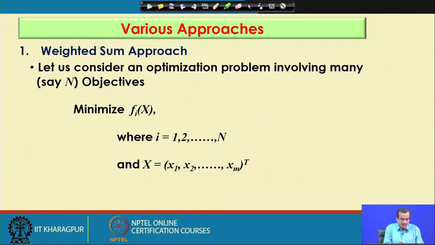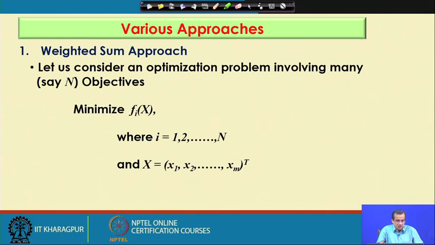So, I can formulate like this: minimize f_i(X), here i varies from 1 up to N. There are capital N number of objectives, and this capital X is nothing but the collection of small m number of small x values. So, it is having m numerical values. Now, our aim is to minimize this particular multi-objective optimization problem.